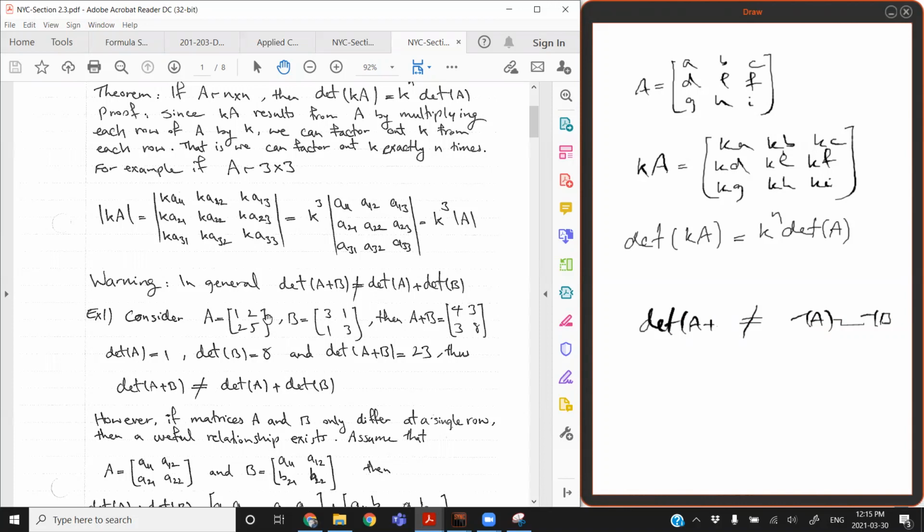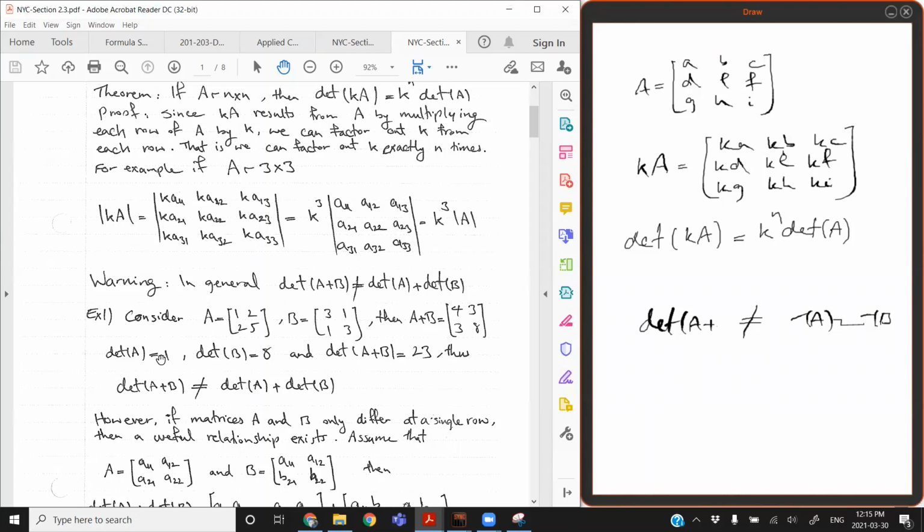So, for example, if A is this matrix here and B is this other matrix here, then A plus B is going to be 1 plus 3, 4, 2 plus 1, 3, 2 plus 1, 3, 5 plus 3, 8. That's going to be A plus B. We can calculate the determinant of each one of them.